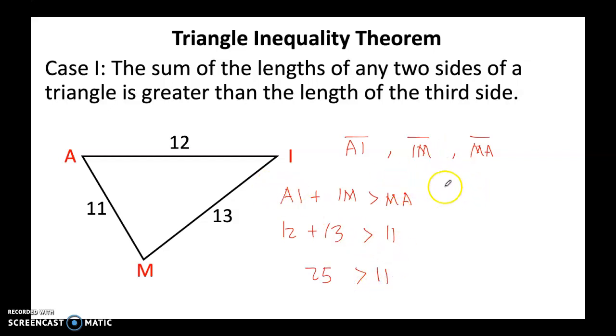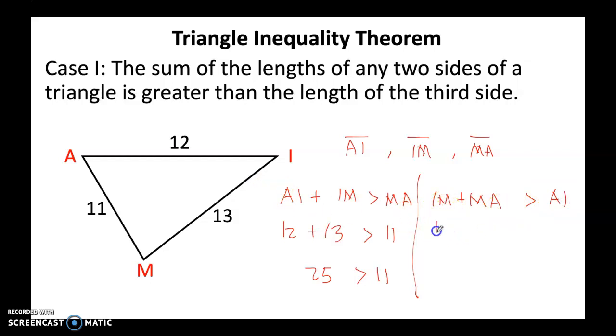Let's try another. If we add segment IM plus segment MA, so those are the two sides of the triangle, it should be greater than the third side, which is segment AI. Let's substitute.